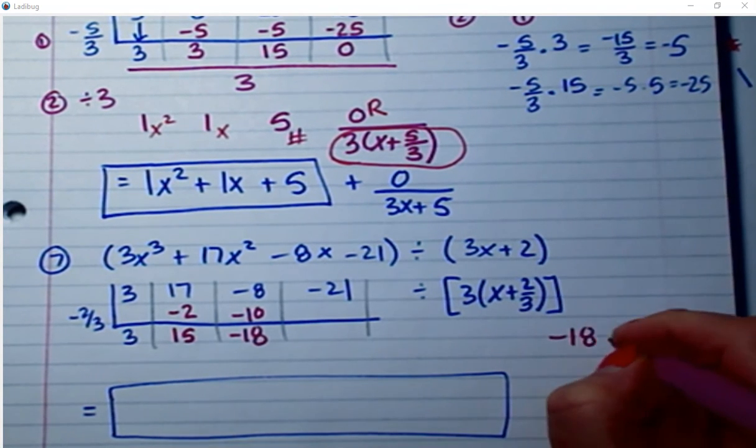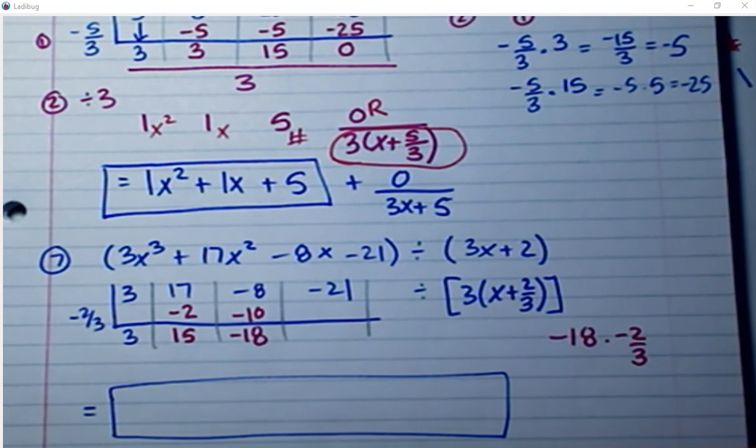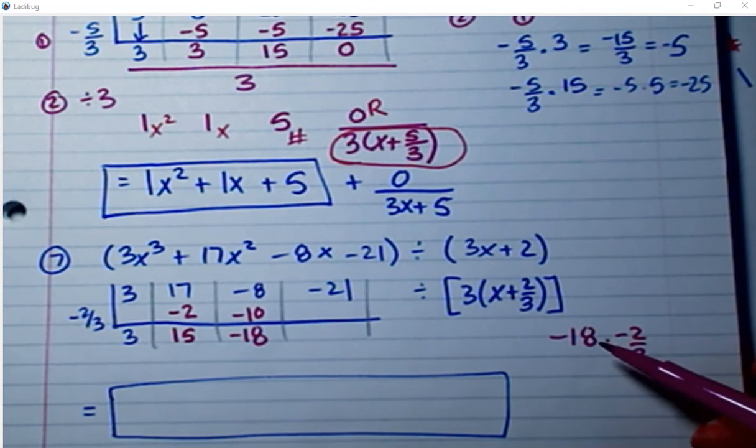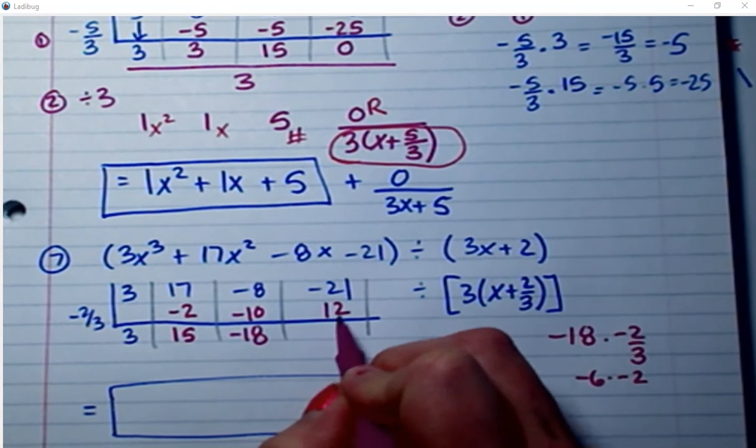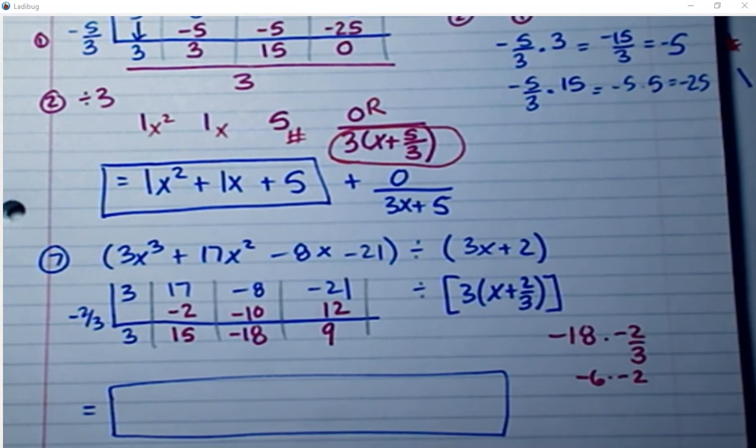If I have to multiply these 2 things together, I would probably do the divide by 3 and then the multiply by 2. And 12, 9, right guys, it's arithmetic.